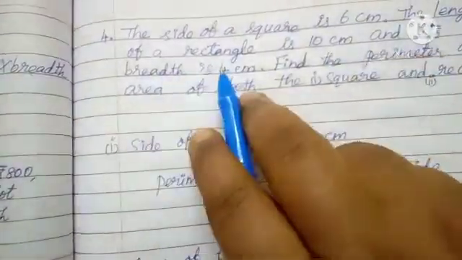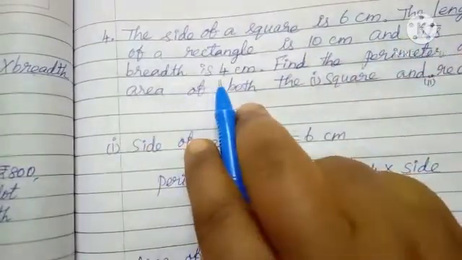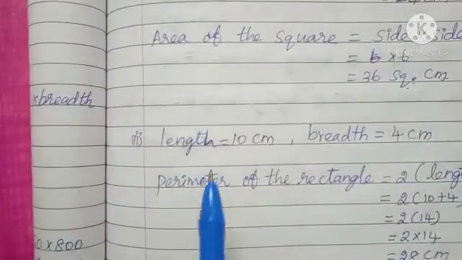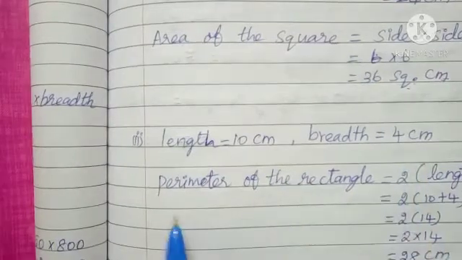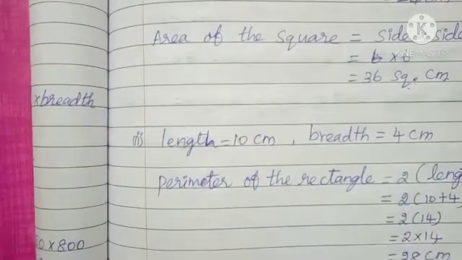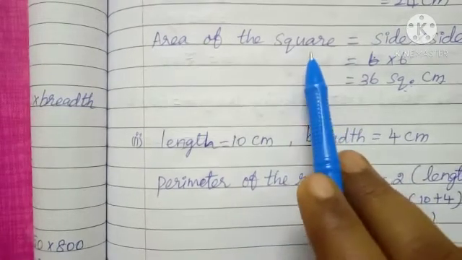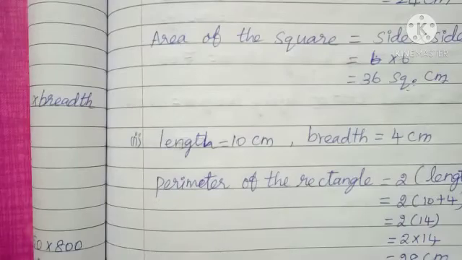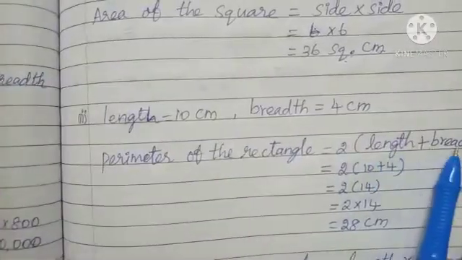The second value given is the length of the rectangle, 10 centimeter, and its breadth, 4 centimeter. Perimeter of a rectangle: length and breadth are given to you, so use the rectangle formula. Only one side value given to you, do it for the square. So 2 multiply length plus breadth.